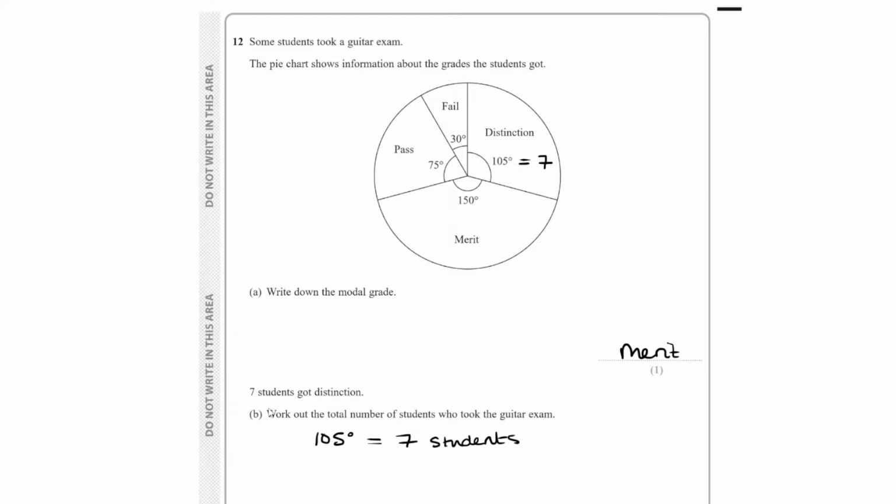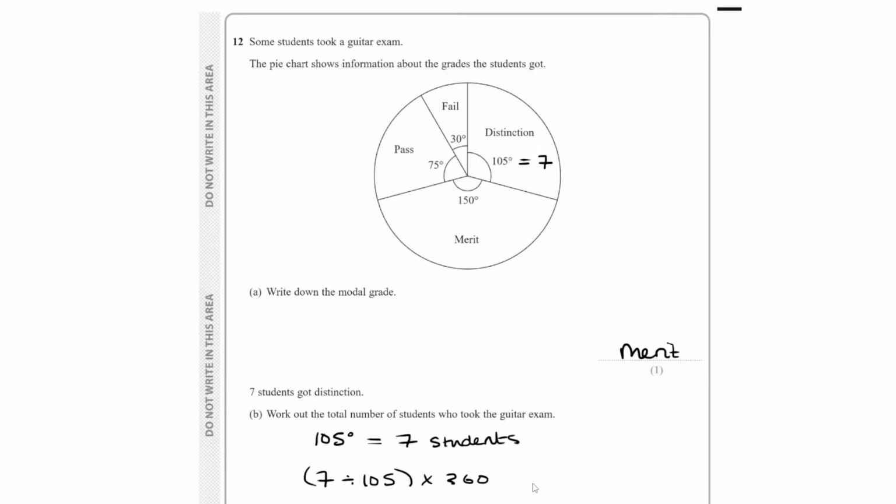So 105 is quite a random number, isn't it? You could work out how many students 1 degree would represent, which I know would be a really small decimal, and then times it by 360. So what I might do is, let's say 7 divided by 105, which I know will be tiny, but we can put it in the calculator, and then times it by 360.